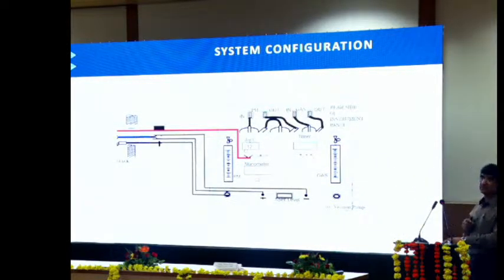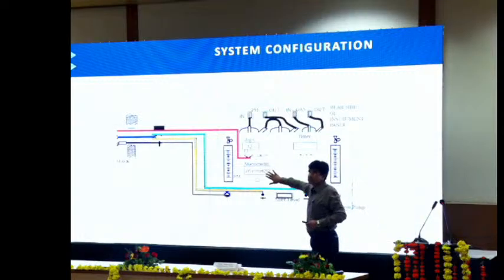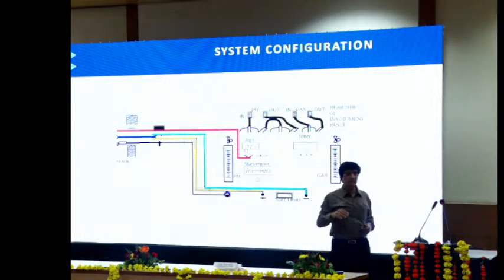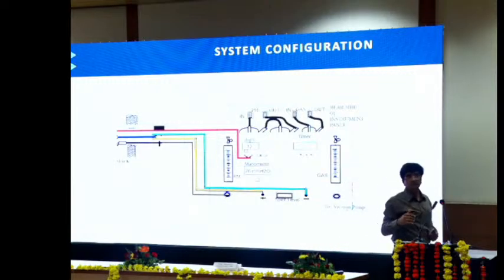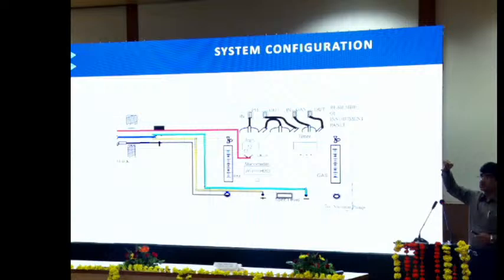Then comes the next step. We have an S-type pitot tube. A pitot tube is used in order to know the differential pressure inside the stack. So we use a pitot tube which is connected to 2 ends of a manometer. This is a digital manometer. In earlier cases, we were using red oil in the manometer, and we were calculating the differential pressure on a manometer scale.